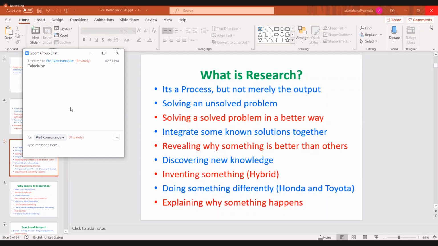Actually, our great scientists in the past did this. For example, Newtonian theory explained why an apple falls down.